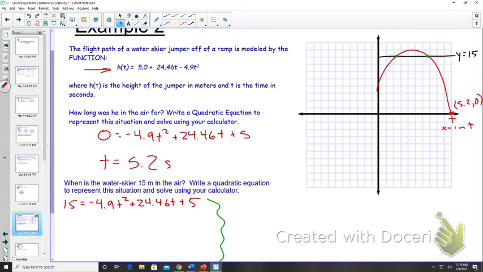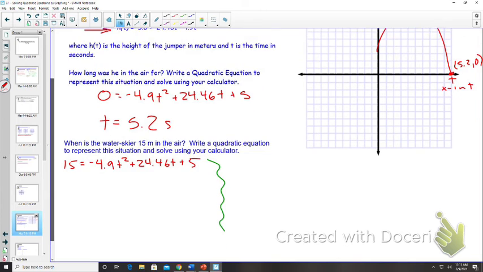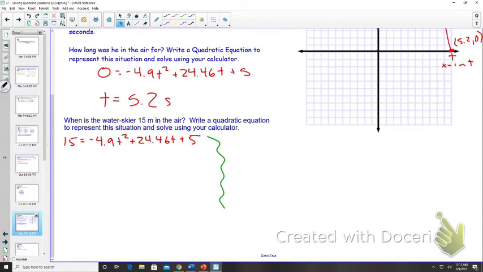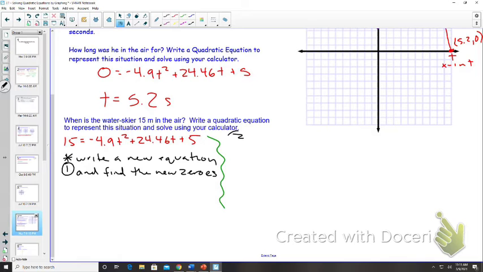So one strategy is writing a new equation and finding the new zeros. So that's strategy 1.